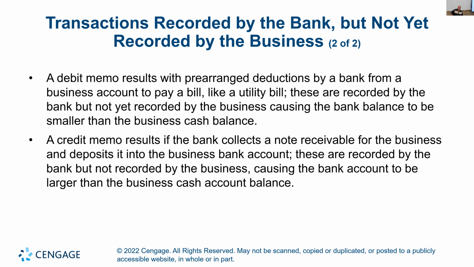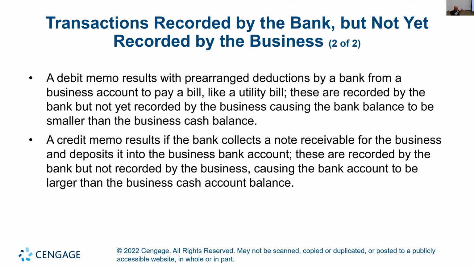The reason is that the bank's cash is going up. If you look at it from the bank's point of view, the bank sends you a debit memo and says we're taking your money because our money's going up. So a debit memo means they're taking money out of our bank account, usually for something like a prepaid payment, an electronic funds transfer, or maybe some kind of service fee on the account.